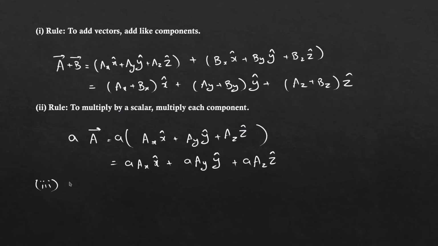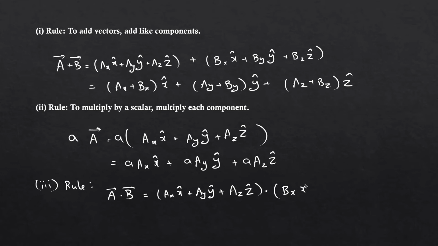So the third rule: if you want to take the dot product of the two, we have the same ax x cap plus ay y cap plus az z cap, dot product with bx x cap plus by y cap plus bz z cap.